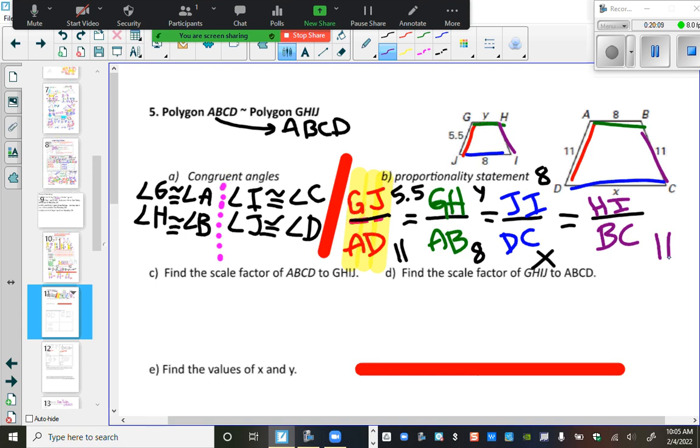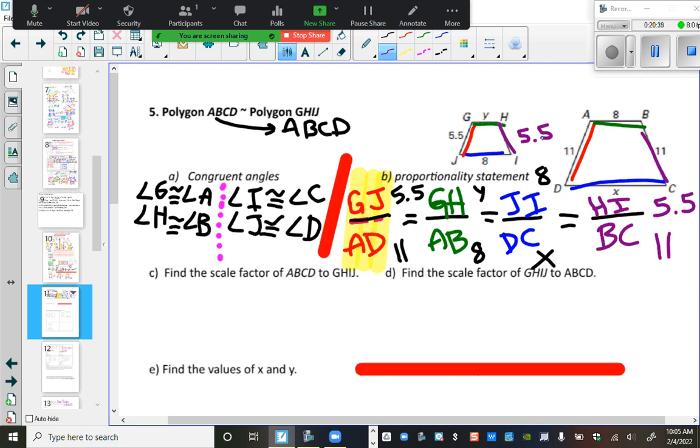And the side that corresponded to AD in this trapezoid was GJ, which is 5.5. So can we take a guess as to what HI could be? 5.5. It's also going to be 5.5. Very good. They're going to match.